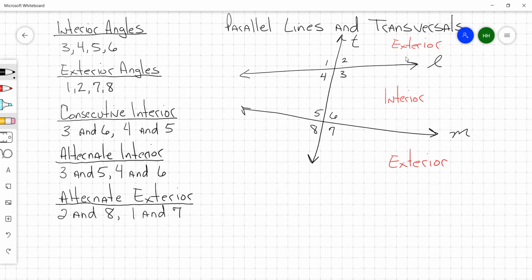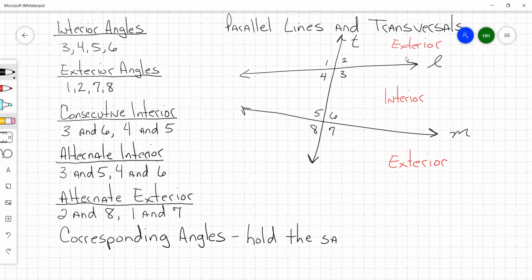All right, last type in this diagram, corresponding angles. They hold the same position in their respective group.